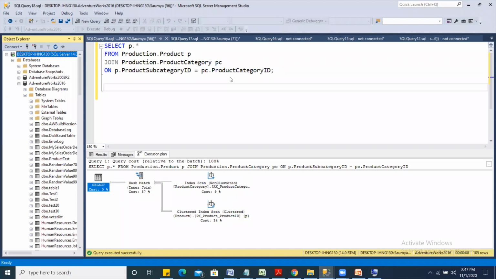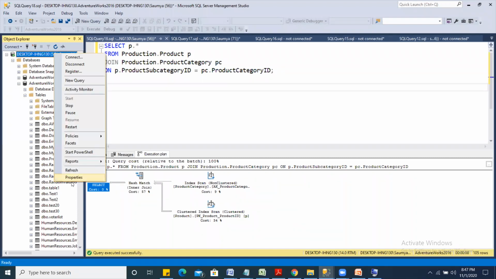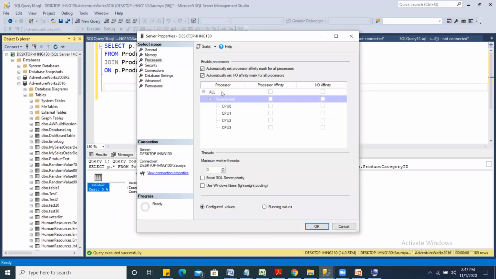So basically, SQL Server performs two tasks: one is computation and another is IO operations, right? So how your CPUs are affinitized, or bound, to the compute operations and IO operations, these two settings say.